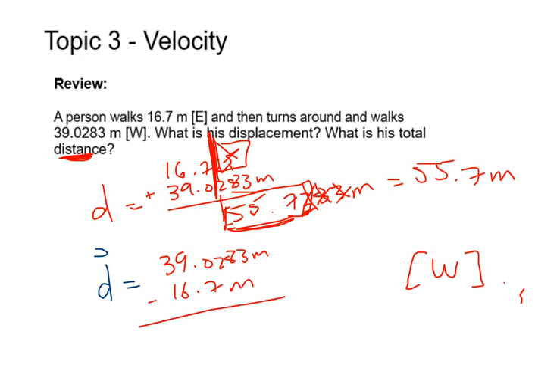When I'm done, I need to make sure that I round this appropriately. So 39.0283 minus 16.7. My calculator gives me this value here, 22.3283. I guess that'd be meters.